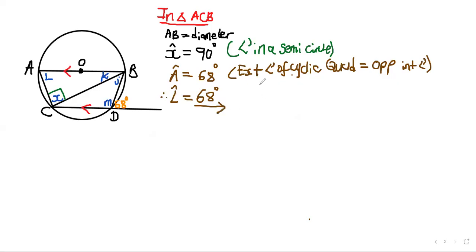Our angle X is equal to 90 degrees. And then from here, I can now determine the value of K. So still on triangle ACB, I'm going to get K by using sum of angles in a triangle, right? So how do I use that? I'm going to say angle A plus angle ACB plus angle ABC equals 180 degrees.